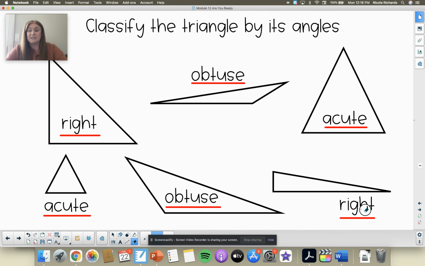So this is a right triangle. So remember, acute, all three have to be less than 90 degrees. A right triangle makes that L-shaped square that you could draw, and obtuse is going to be bigger than 90 degrees. So 90 degrees is straight up and down, an obtuse angle is wider than that.